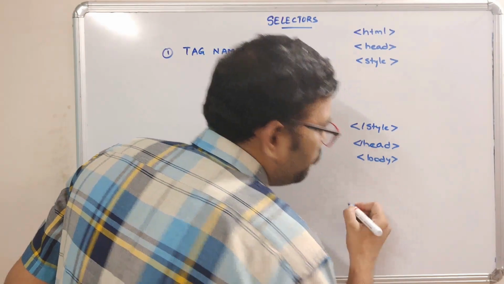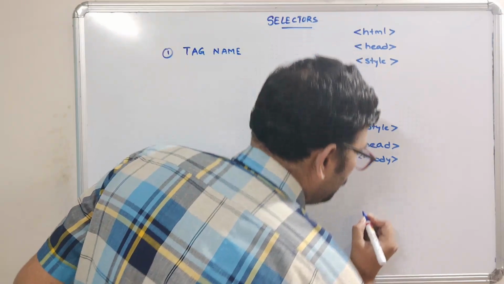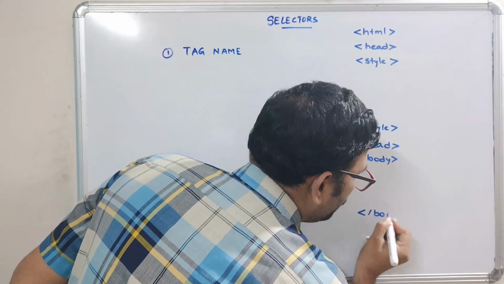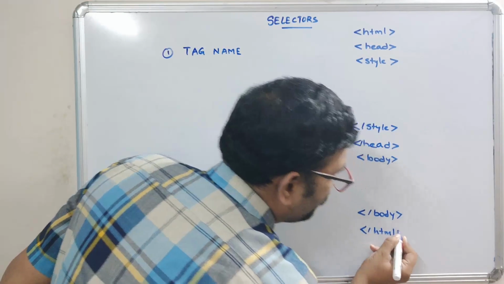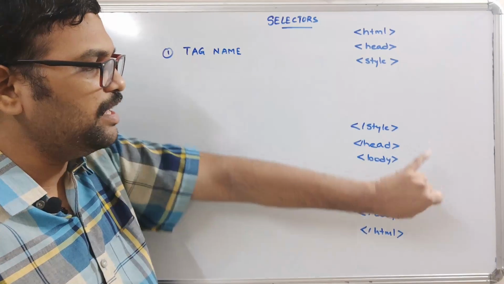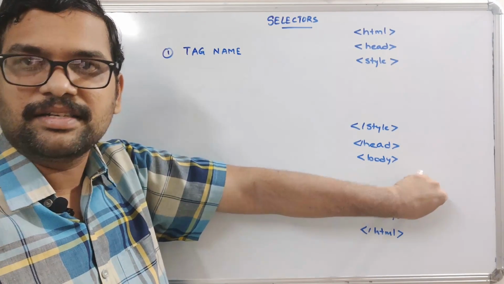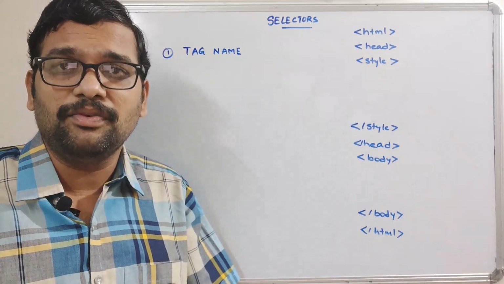So inside the body we can apply the different data, and after that, close the body tag, close the HTML tag. So this is a normal structure. Here we have to apply the CSS, and here we have to apply the normal text, the content we need to display on the web page.